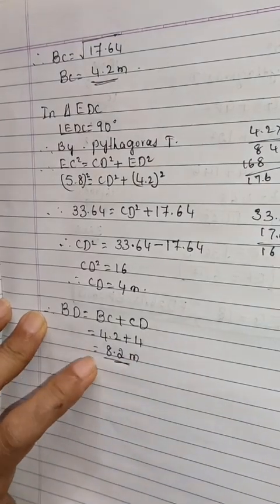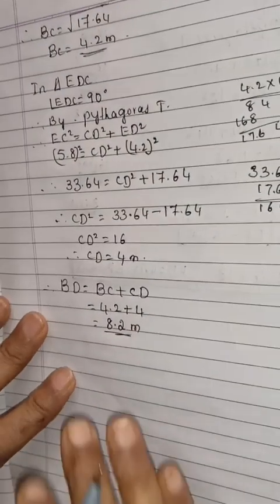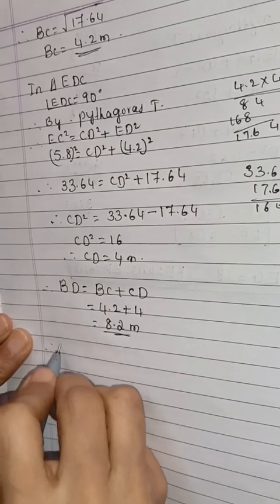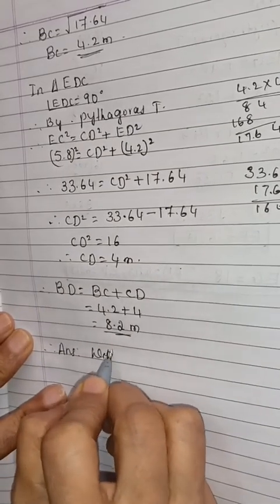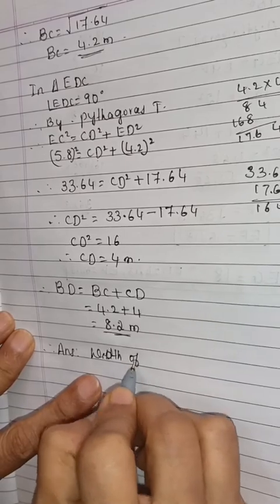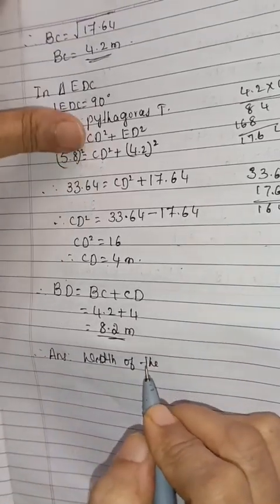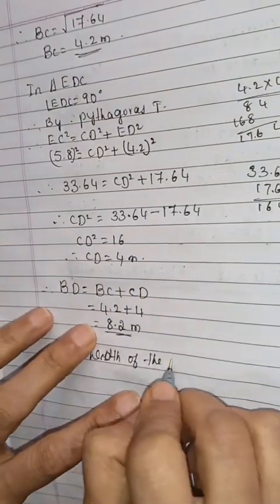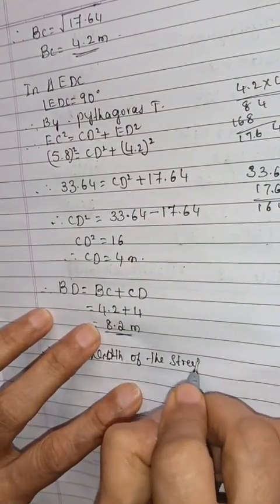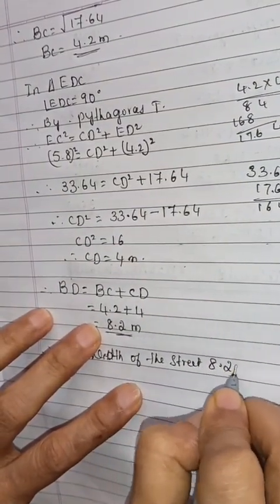BD is 8.2 meter. Therefore, the answer: the width of the street, that is the question, no? Find the width of the street. Yeah, width of the street is 8.2 meter.